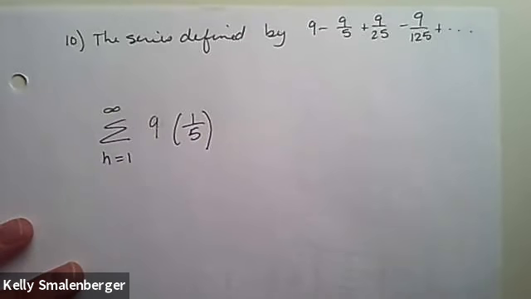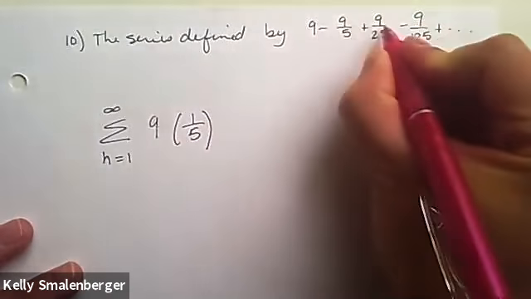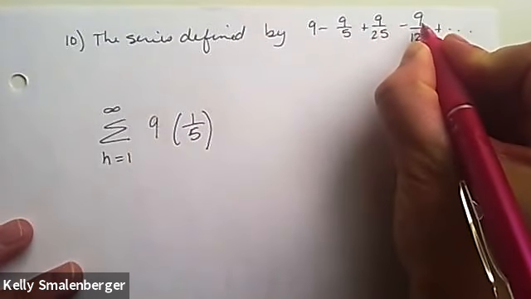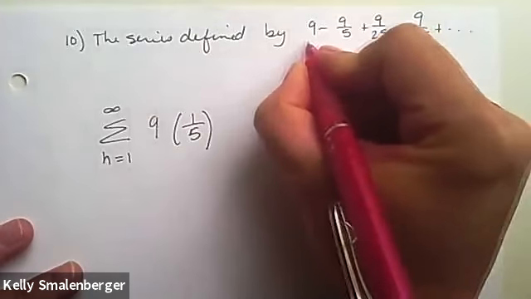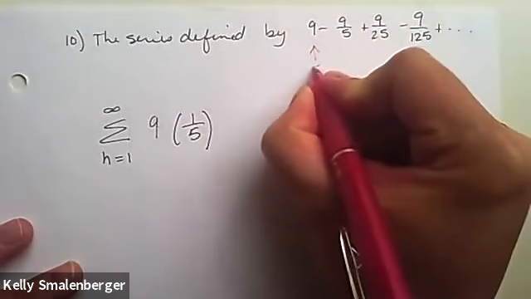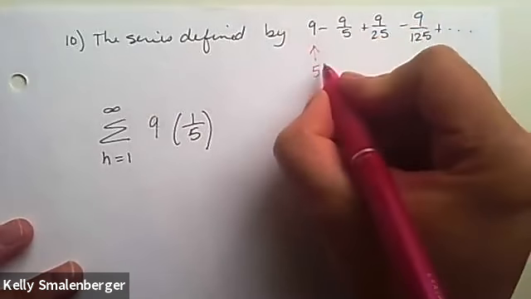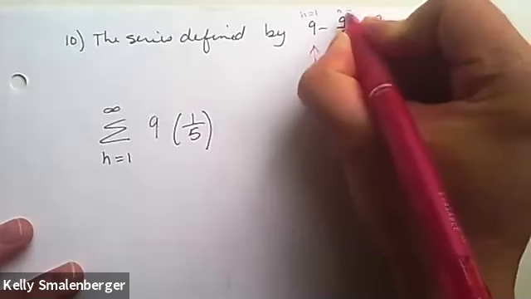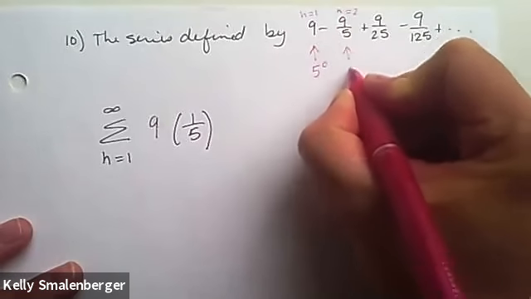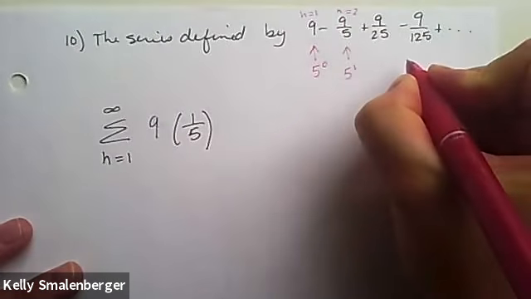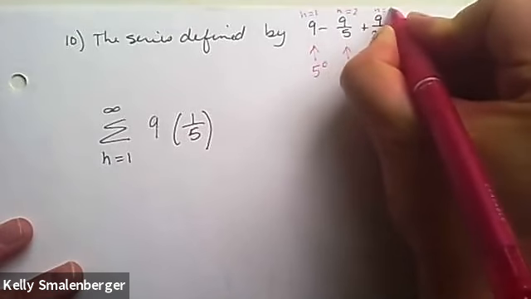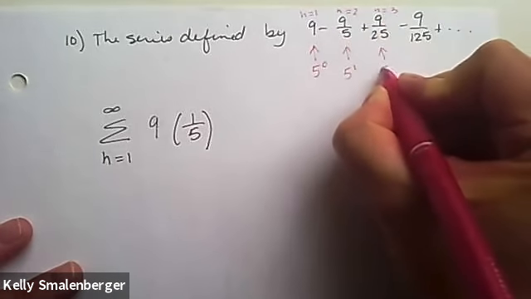Okay, so let's see. The 9 is staying consistent. This is divided by 5 to the what power? 0. So this is n equals 1. N equals 2, this is 5 to the first. N equals 3, this is 5 to the second.